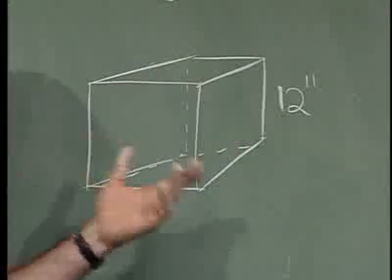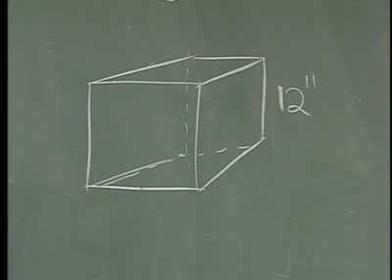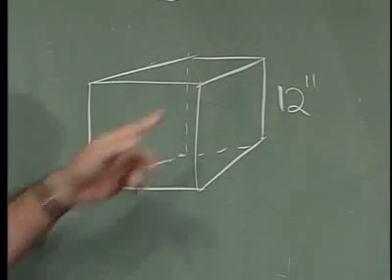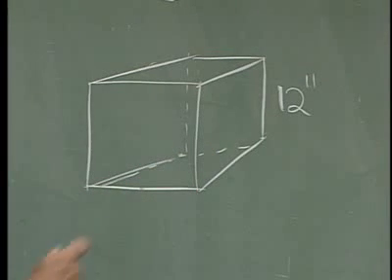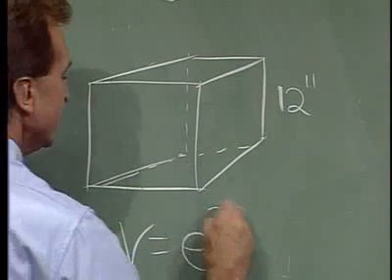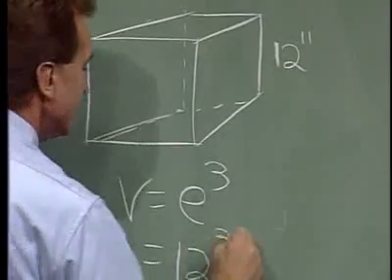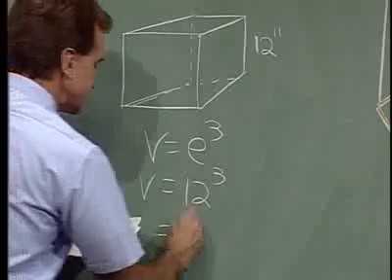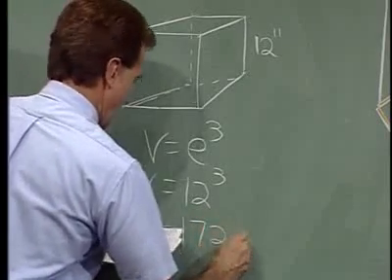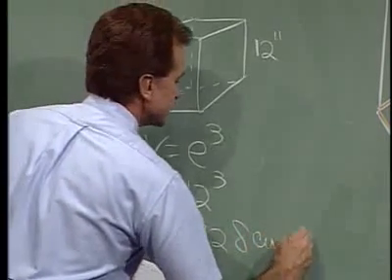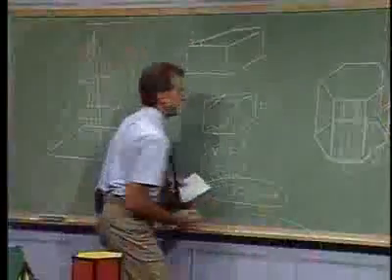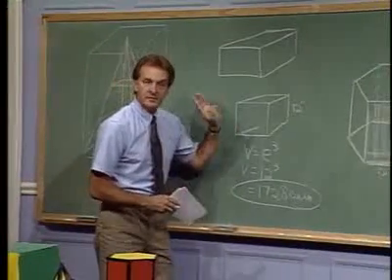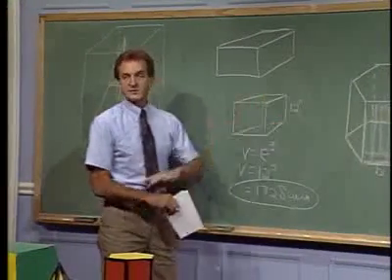So it's like the old volume formula for a rectangular solid, 12 times 12 times 12. So we can shorten it to just E cubed, which would be 12 cubed, which would be 12 times 12 times 12, which is 1,728 cubic inches. That would be the volume of this cube that was 12 inches on an edge.